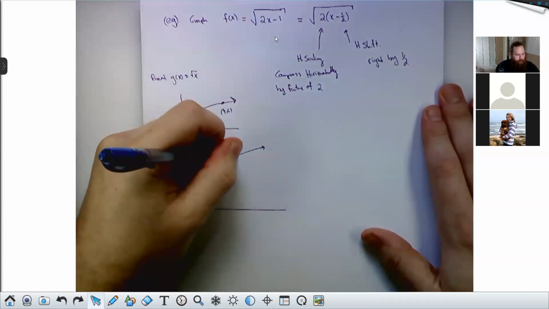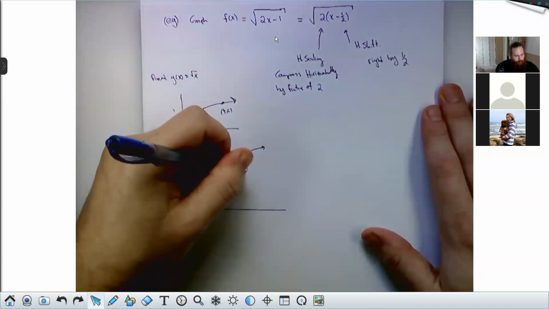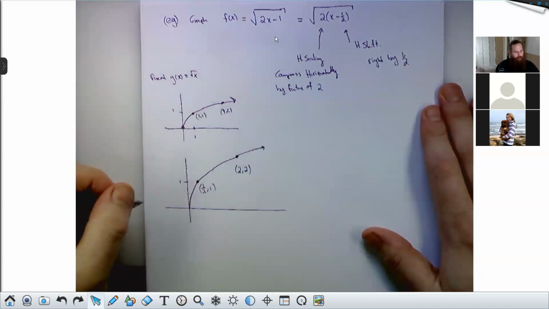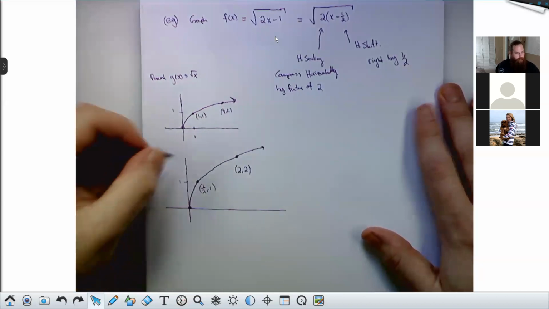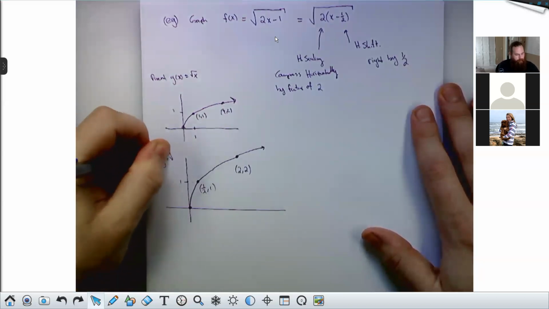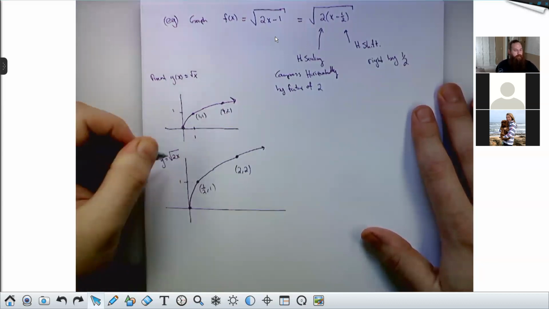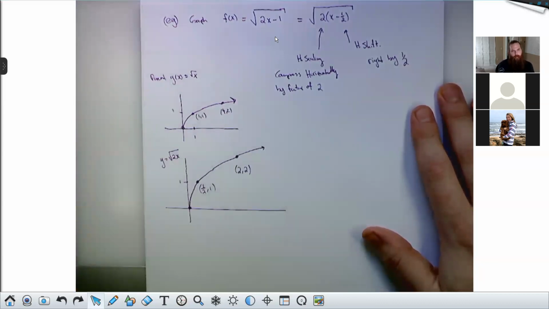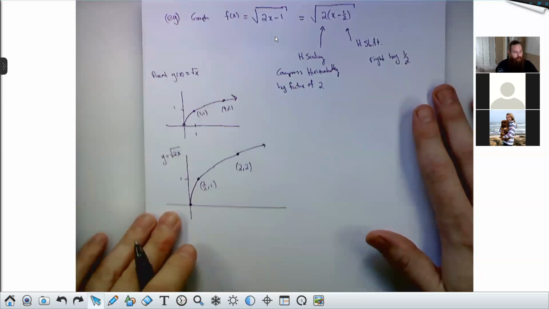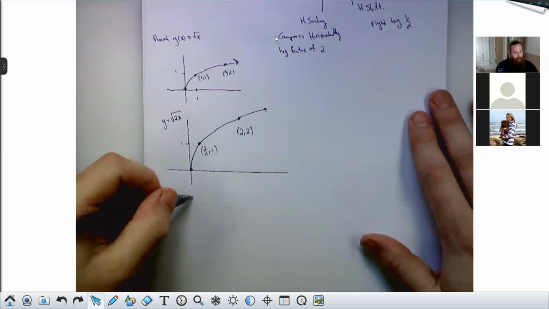And rather than 4, 2, I have the point 2, 2. 0, 0 stays where he is. So this is y equals the square root of 2x. And then finally, I would drag everything to the right by 1/2.